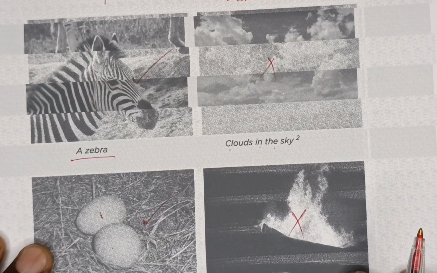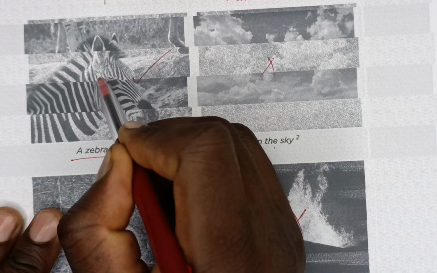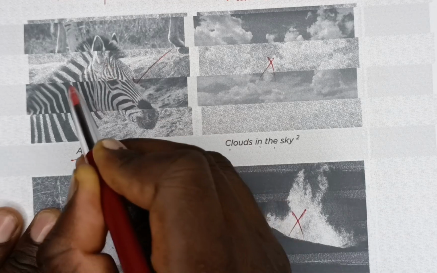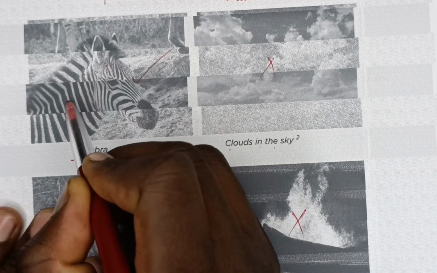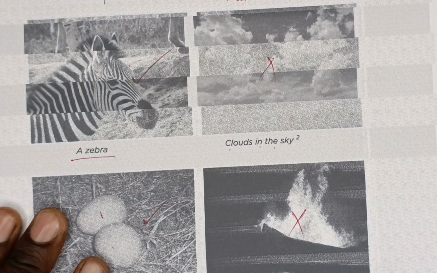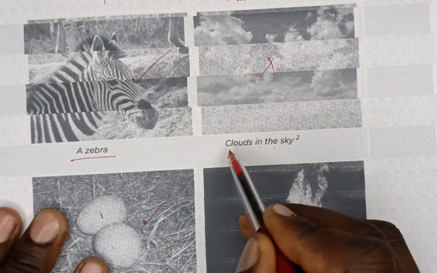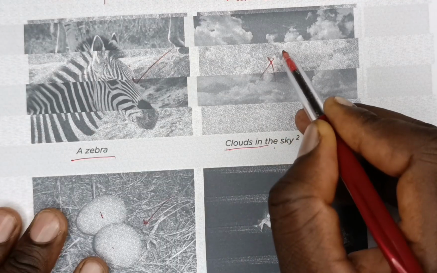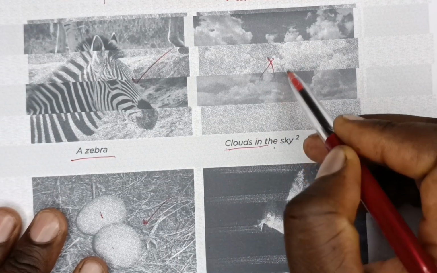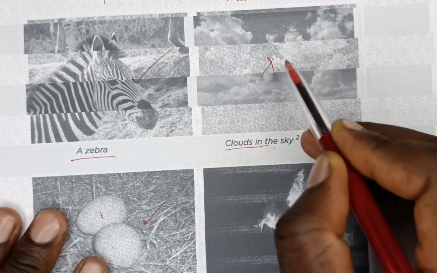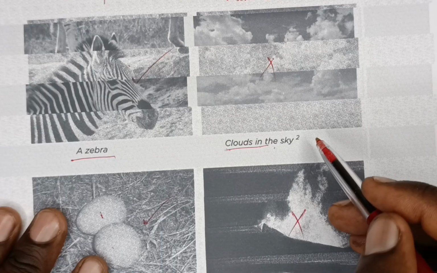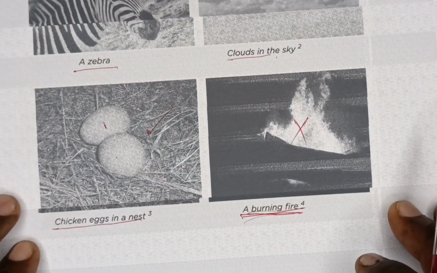Right, we come to a simple one. A zebra eats, a zebra moves, a zebra breathes, a zebra reproduces, a zebra excretes. So it is a living thing. Clouds in the sky do not reproduce, they do not eat, they do not excrete, they do not sense, so they do not fulfill the 7 processes of life.